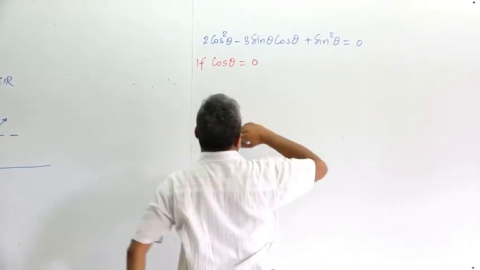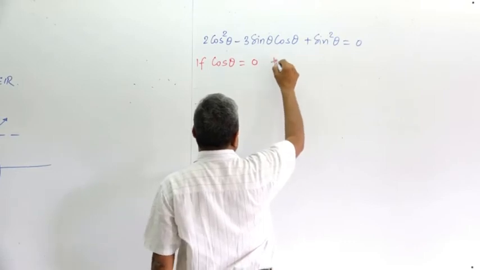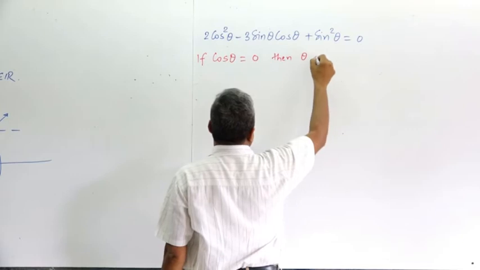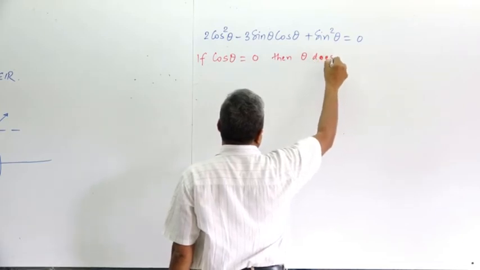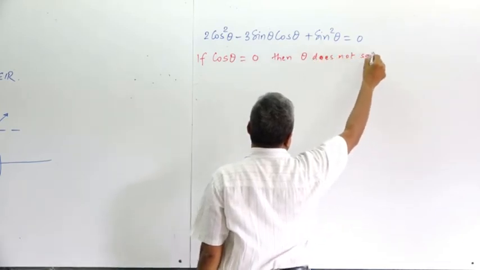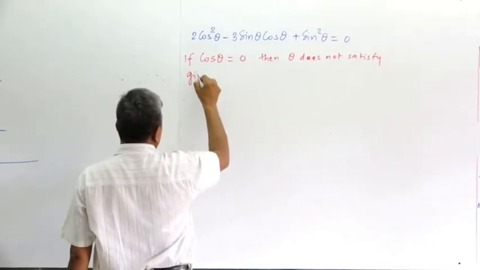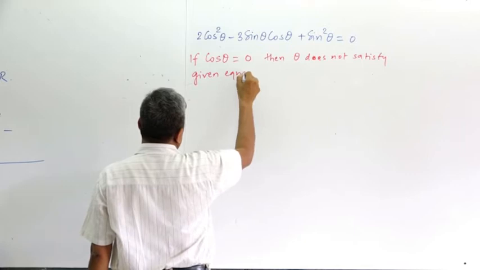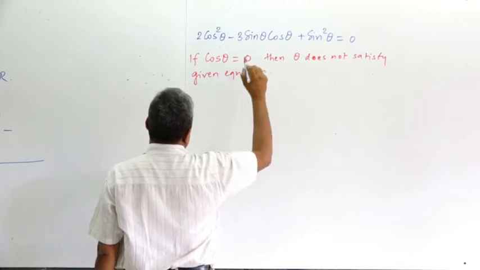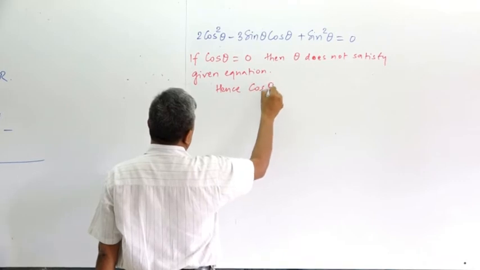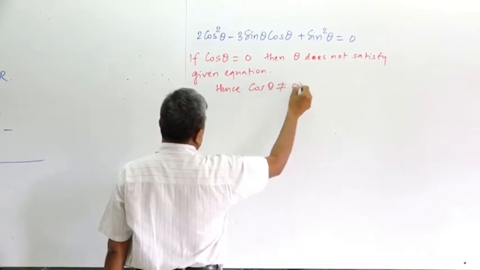So if cos theta is equal to 0, then theta does not satisfy the given equation. Hence, cos theta is not equal to 0.